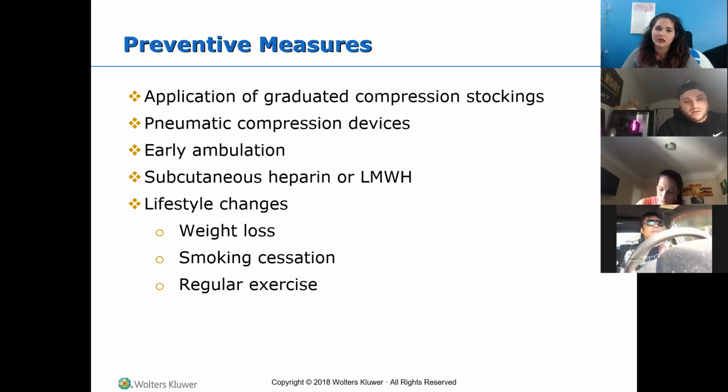Early ambulation is a thing for post-op, or even someone who's admitted to the hospital. Early ambulation is for every single post-op patient. As soon as they can, you get them up and walking, because the sooner they're moving, the quicker they heal.